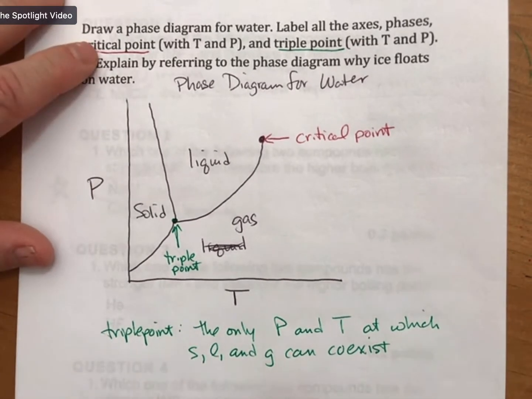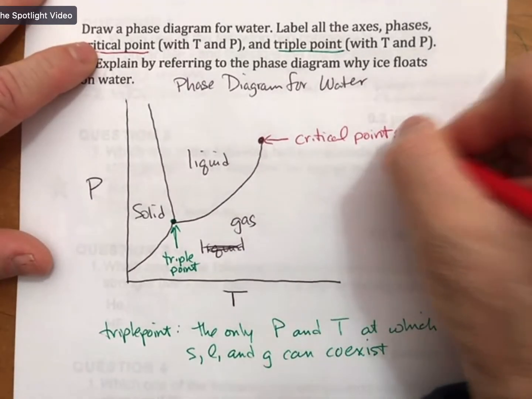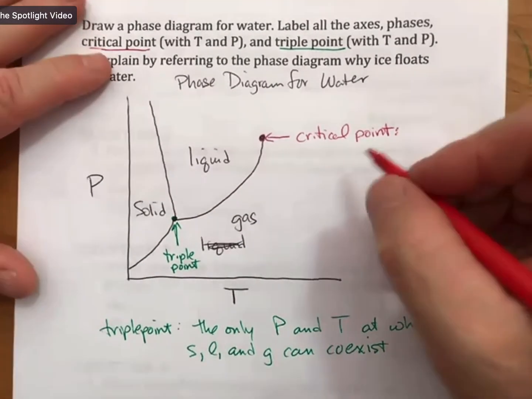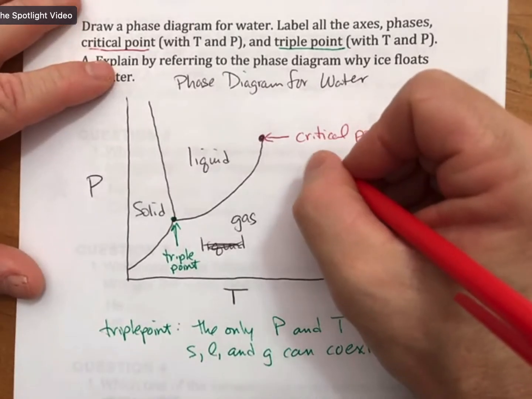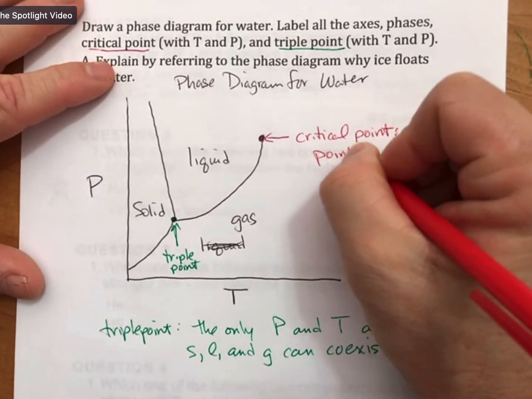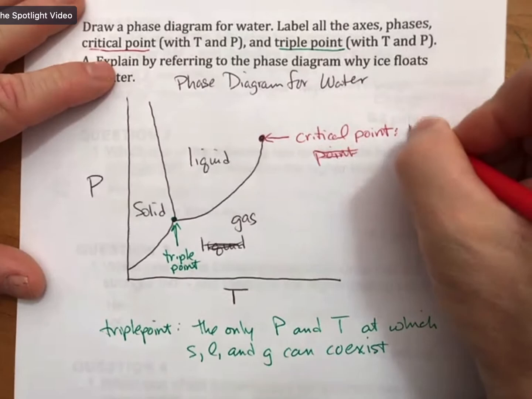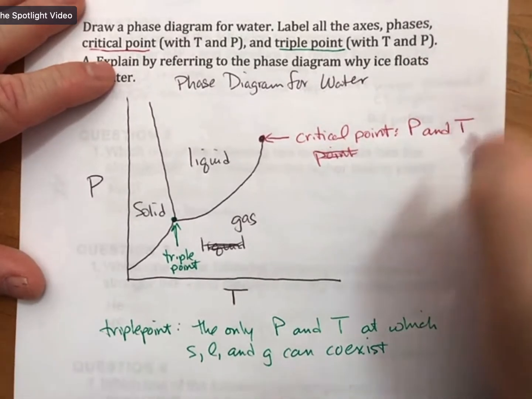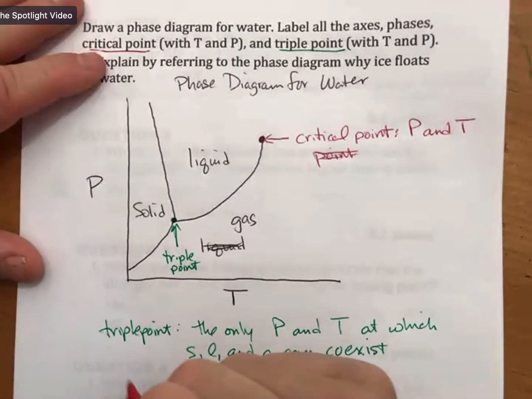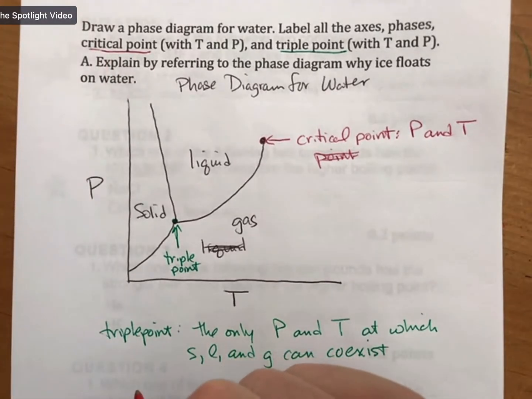And the critical point, it looks like I have space up here to write about what it is. The critical point is the pressure and temperature above which liquid and gas become indistinguishable.